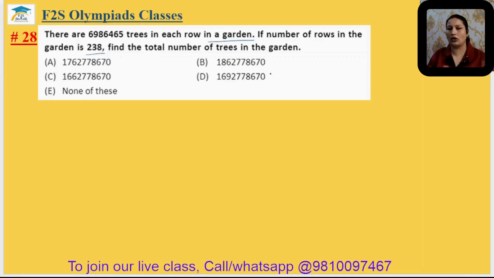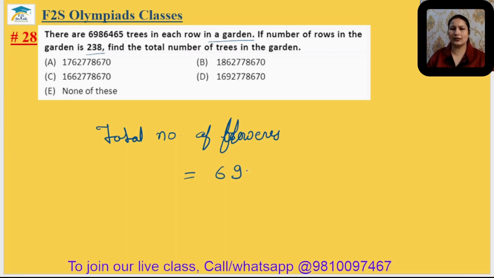So to find all the total flowers, we have to just multiply. Total number of flowers equal to 6986465 multiply by 238. Just multiply it using the conventional method.